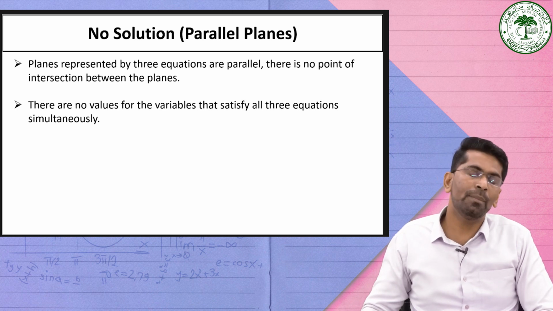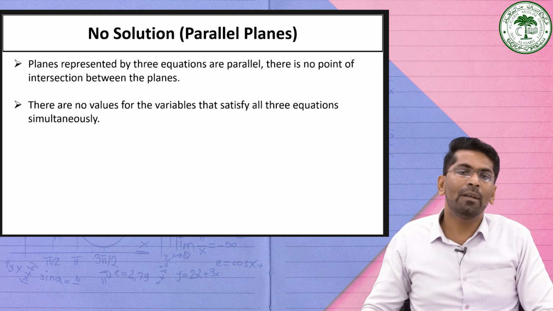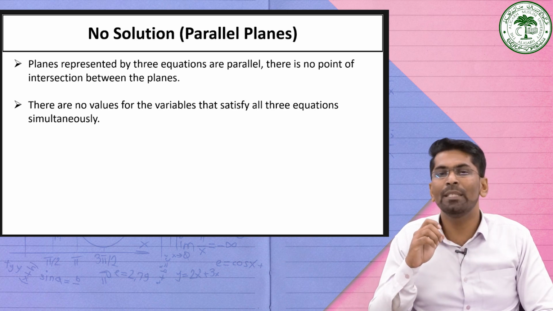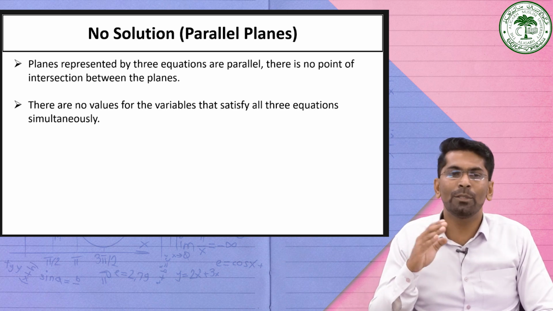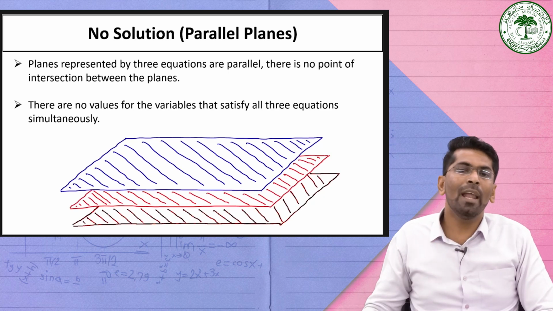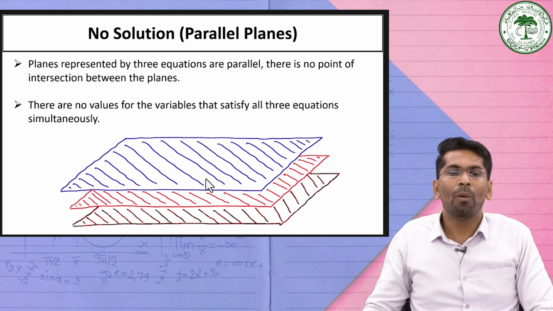We can represent it using a diagram in three-dimensional space, so that it will be clear. It will look like this. Three equations are represented by three planes, and all three planes are parallel to each other.